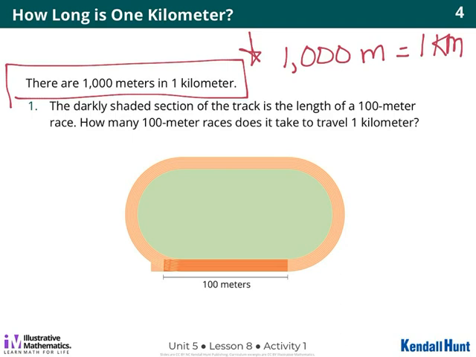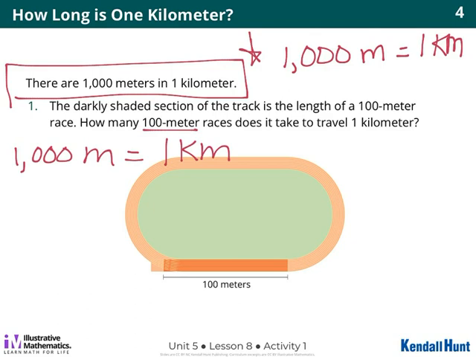What are you thinking, Keston? 10. How do you know? Because 100 goes into 1,000 10 times, or 1,000 divided by 100 equals 10. So I'm guessing, first of all, 1,000 meters are in 1 kilometer, and we have 100 meters.